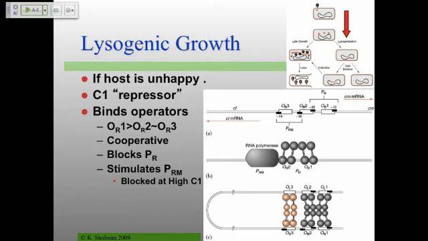If you make enough of the C1 protein, I skimmed over this when we had our lecture before, it binds to not only the PR and PL promoters, but also makes this secondary structure which completely shuts down any kind of transcription, even of C1. So if you get to a certain level of C1, you don't make any more because you don't need to make any more. And so that really shuts everything down here completely.